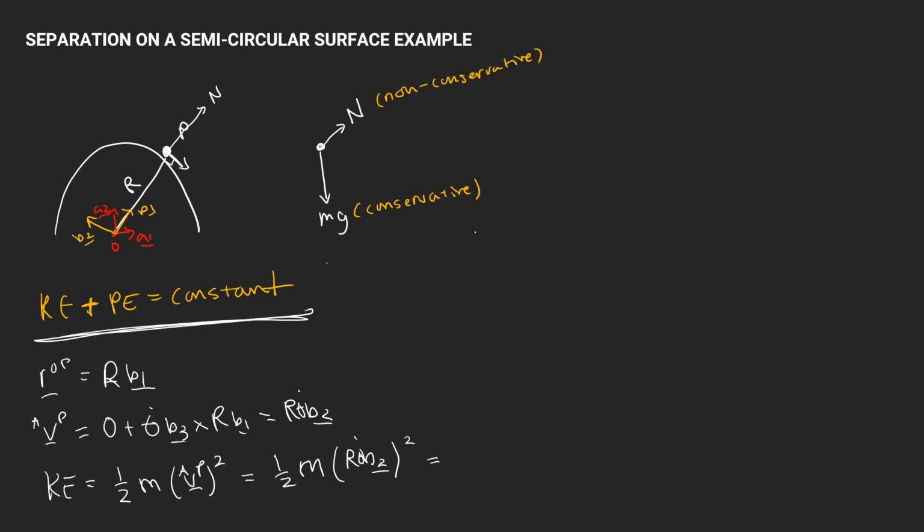And so when you're taking the square of this velocity vector, this B2 term disappears. And so what you ultimately get is 1/2 m r squared theta dot squared. And that's because when you have a vector times a vector, you produce a scalar value. Okay, and so that's our kinetic energy.